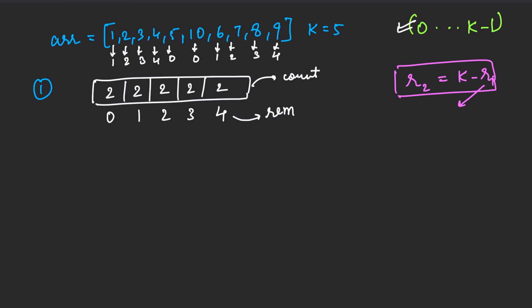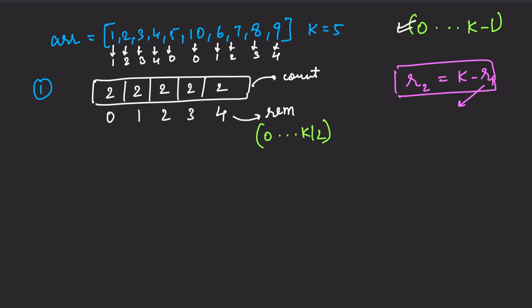Now, the second step is to see the count of the remainder pair. We check the remainder count of the remainder pair, and it must be equal to form a pair. One more thing here is that we will only be checking from 0 till k by 2.